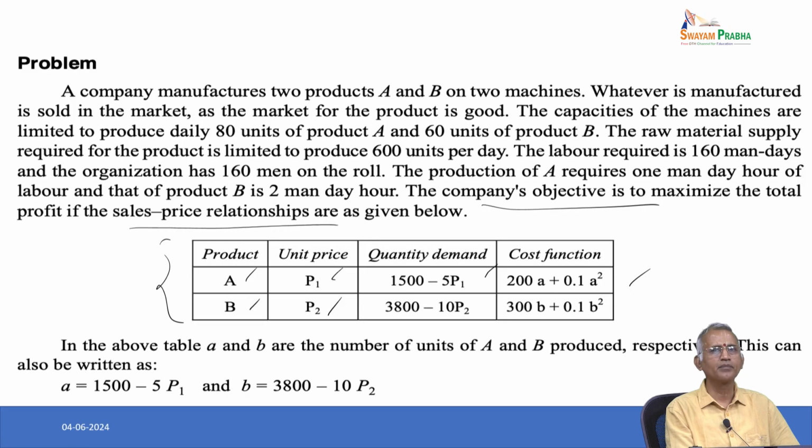For A, 200A plus 0.1 A square. For B, 300B plus 0.1 B square. In the above table, A and B are the numbers of units of A and B. So, this can be written as 1500 minus 5 P1 plus B equal to 3800 minus 10 P2.